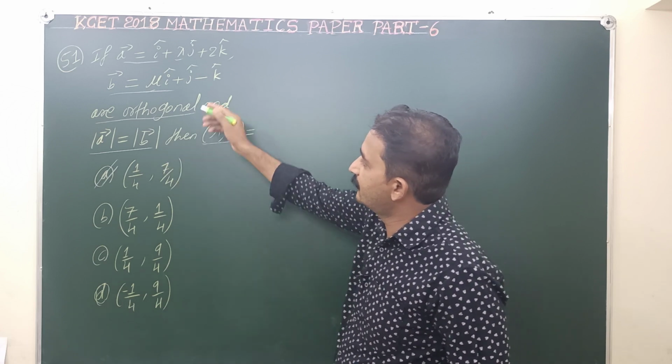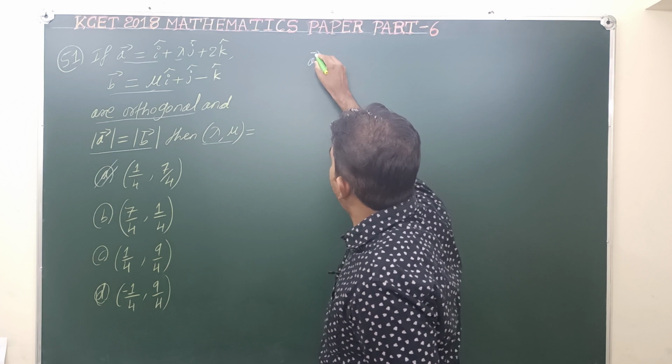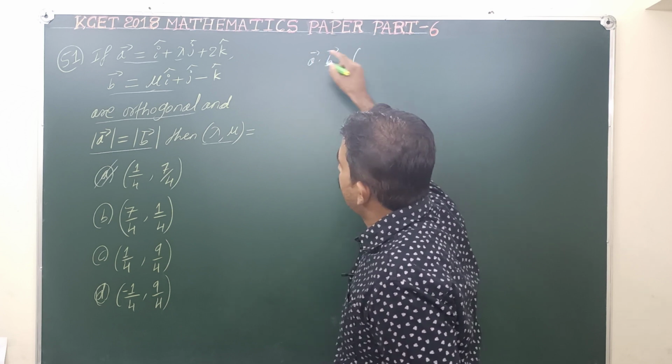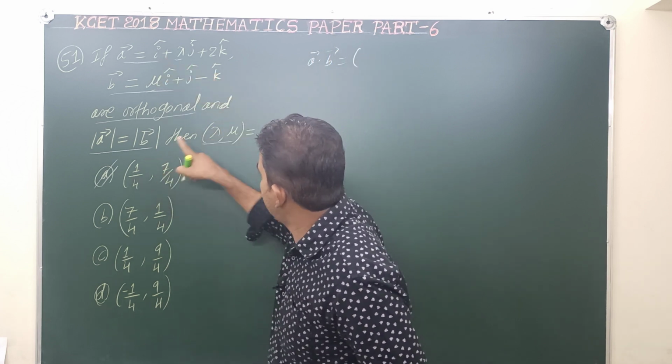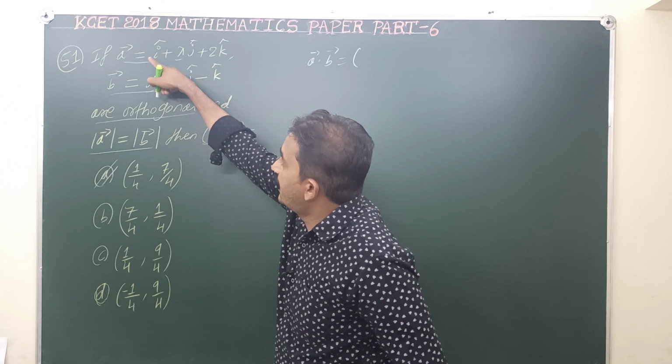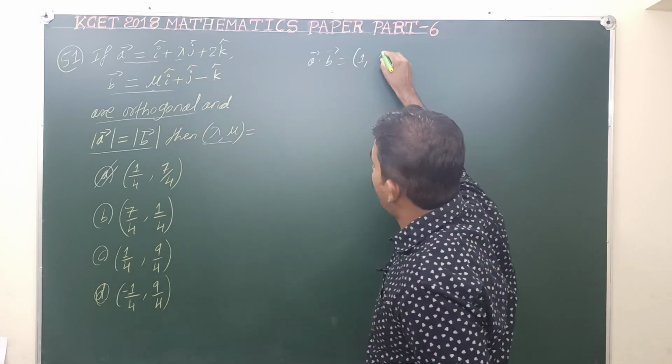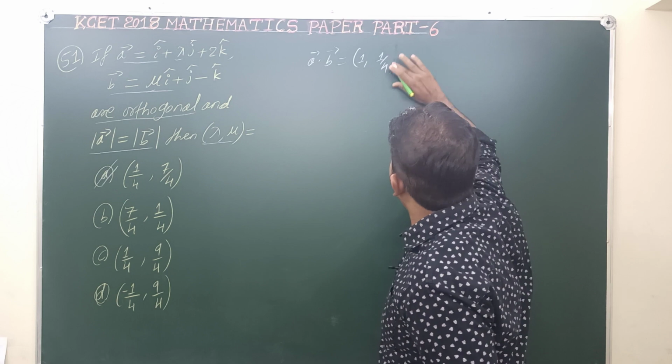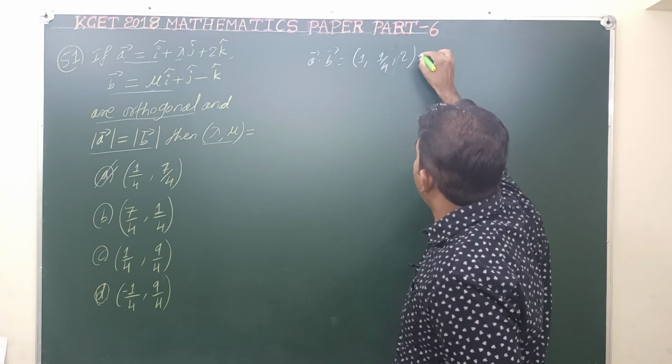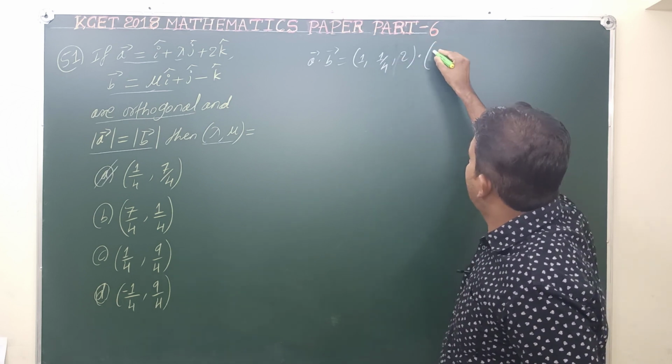Orthogonal means what? A dot B becomes 0. Here in vector A, lambda first, mu second, with I coefficient 1, lambda 1 by 4 and 2. Dot B, mu 7 by 4.